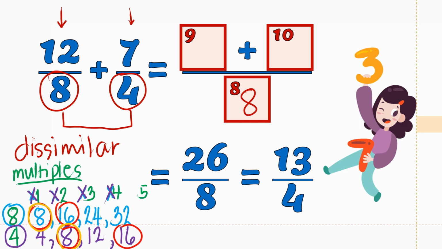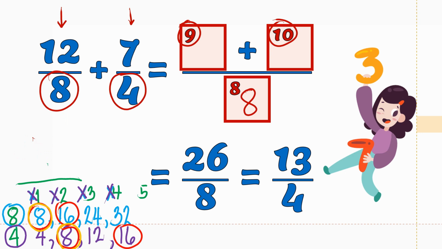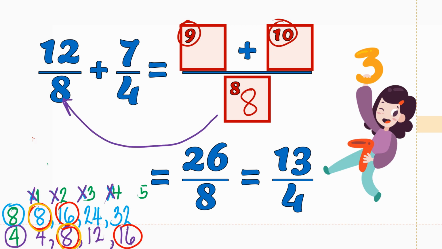Para naman makuha yung box 9 at saka box 10, what we're going to do is to apply step number 2 na binanggit ko nung nakaraan. Okay? So, may I just erase this one para bawas kalituhan. Yan. And then, si 8 daw natin dito, yung LCD natin, i-divide lang daw natin siya doon.